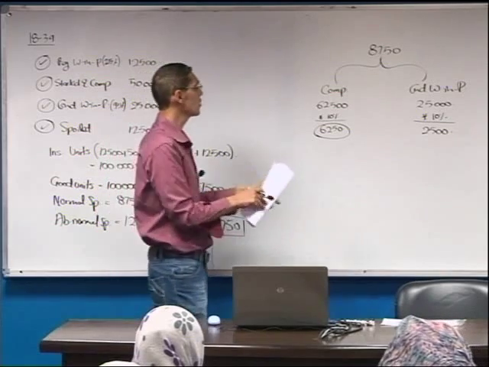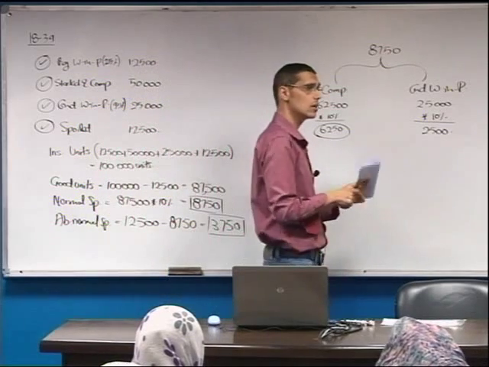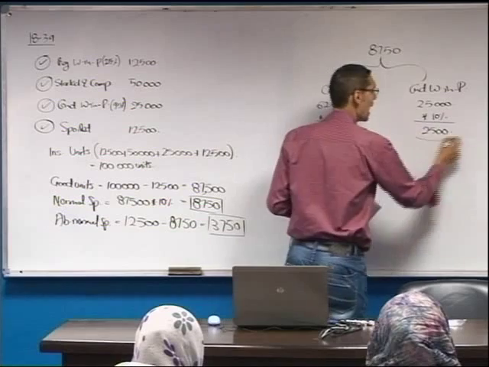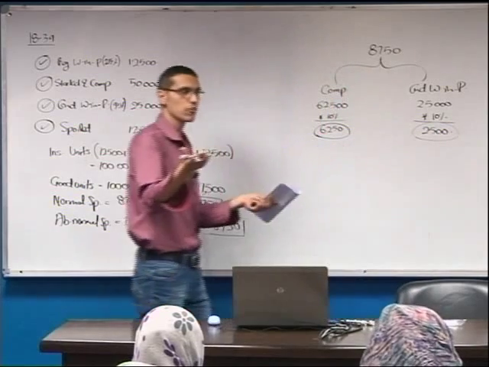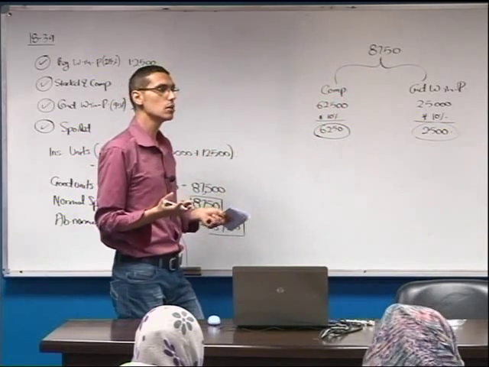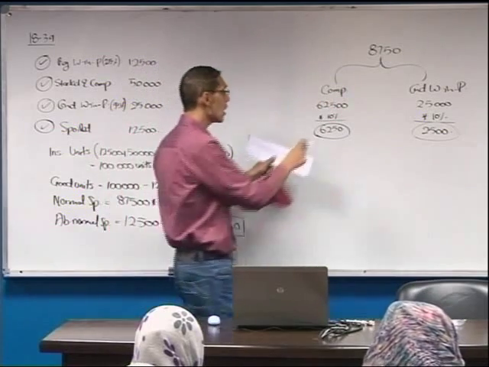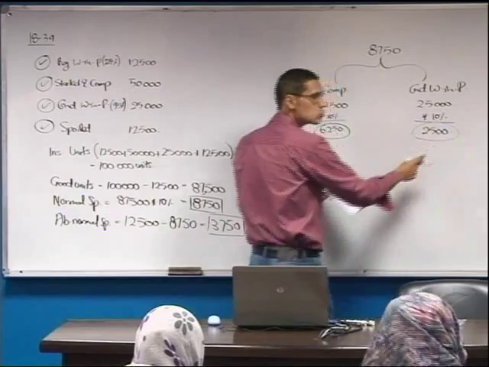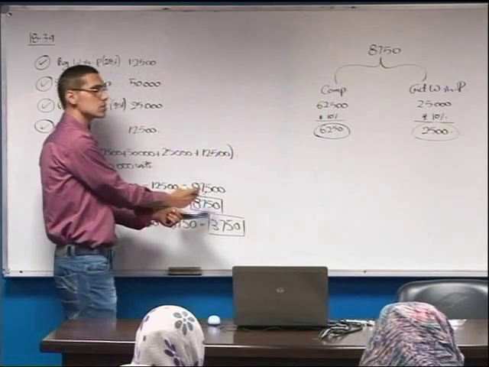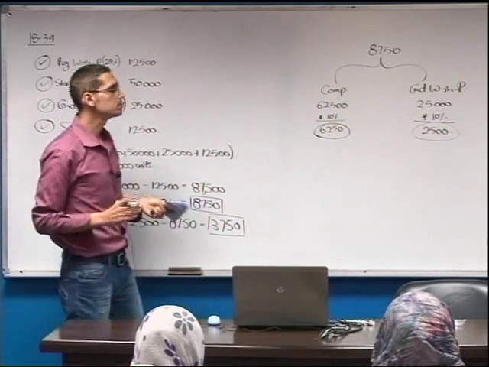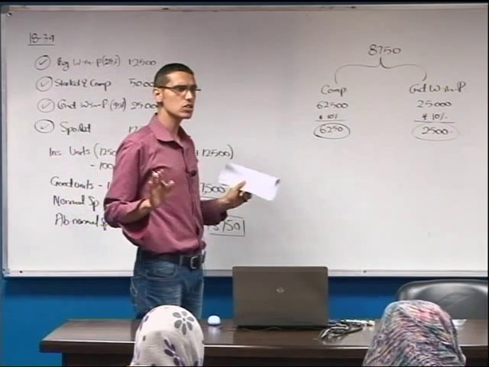Of course, as we can see here, if we add the 6,250 and the 2,500 up, in order for you in the exam, for instance, to make sure that you are making the right calculations or divisions, the addition of these two numbers would most definitely equal the 8,750. Any questions?